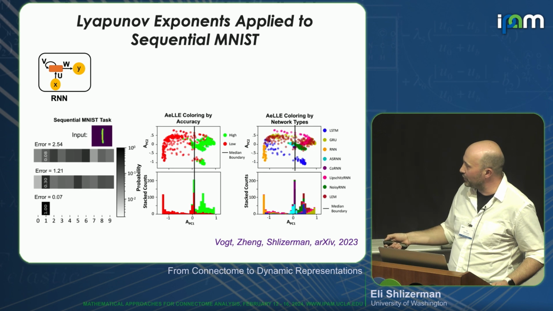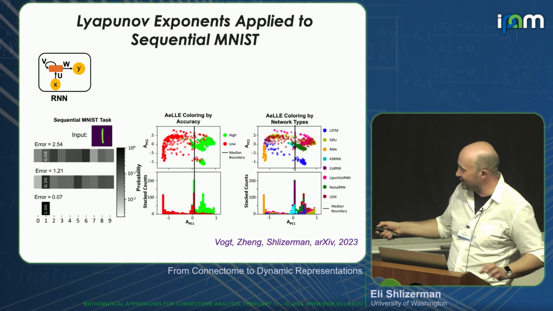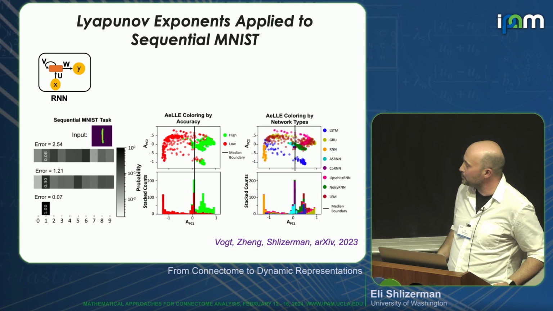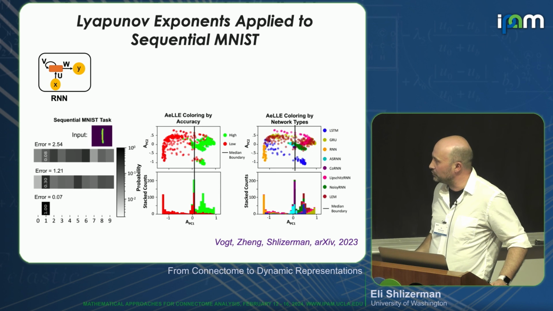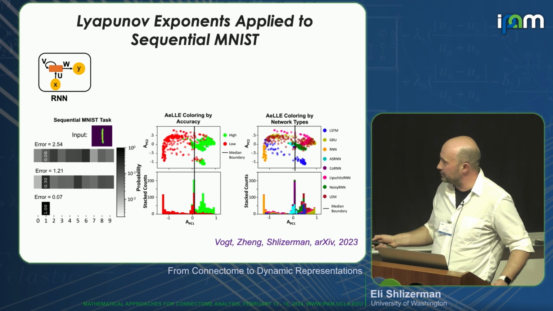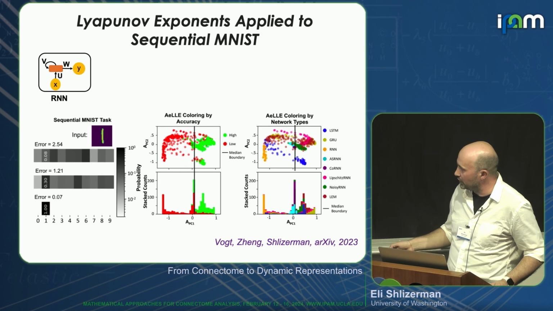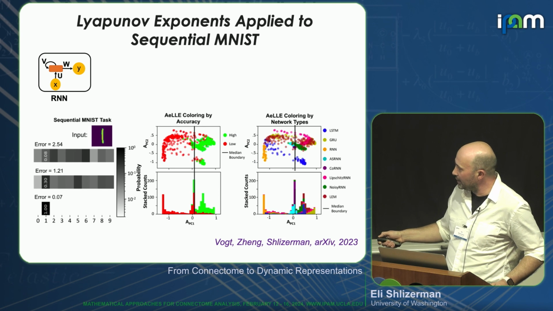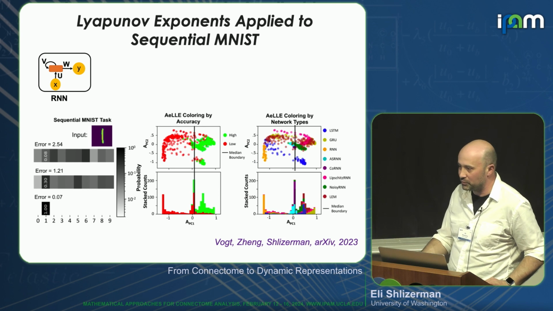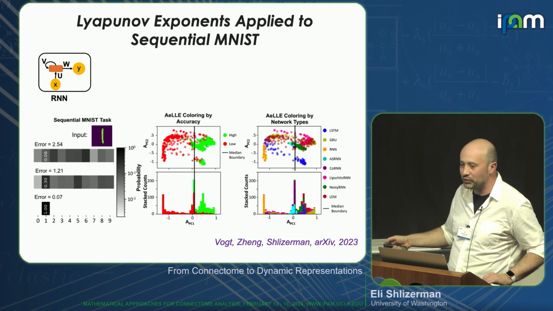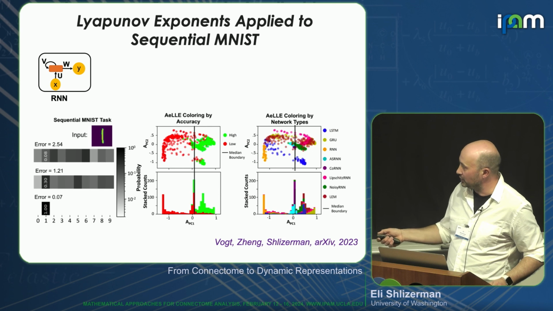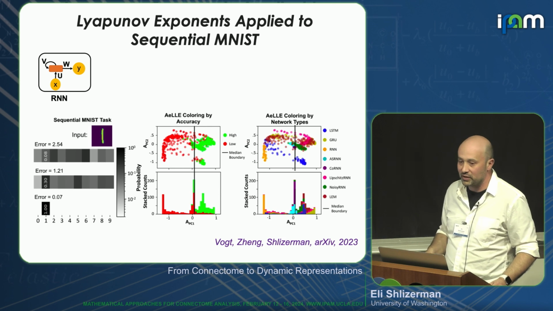Or in this case, we compared LSTMs, GRUs, RNNs, all these different types of RNN networks in terms of their optimality with respect to the sequential MNIST task. The Lyapunov exponents by themselves are hard to interpret. But once you encode them into a low-dimensional space, you get an interpretation that seems to be clustered and organized.